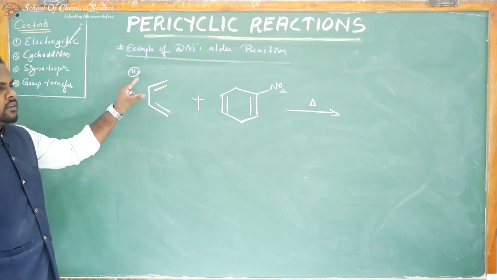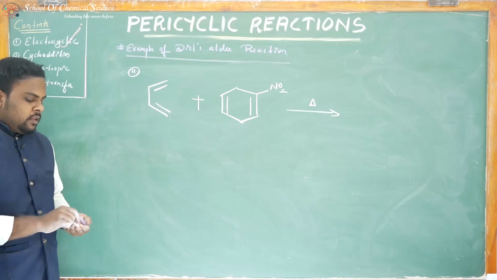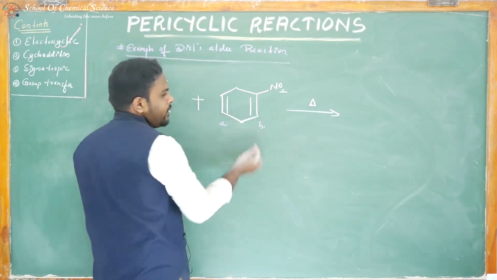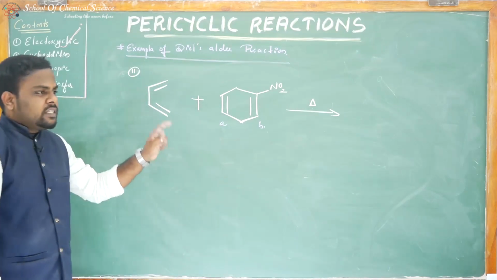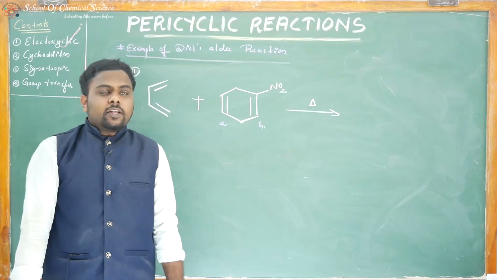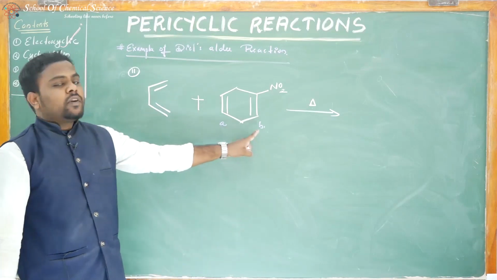This is a diene. That's a dienophile. Here two dienophiles are there, this is dienophile A, this is dienophile B. My question here, selectivity is there. Which dienophile will react, dienophile A or dienophile B?